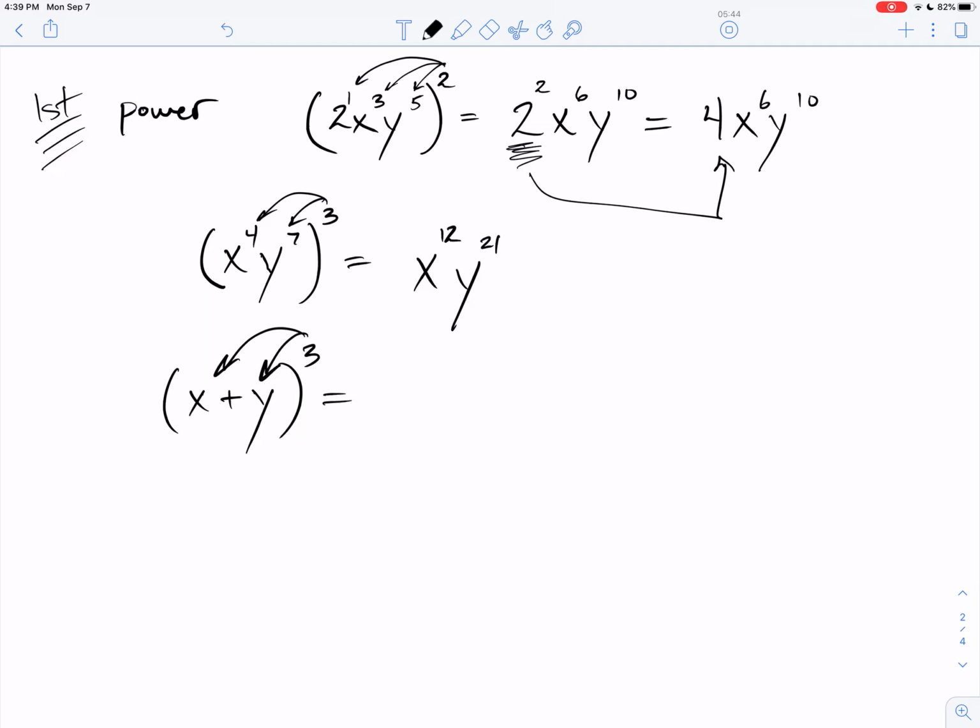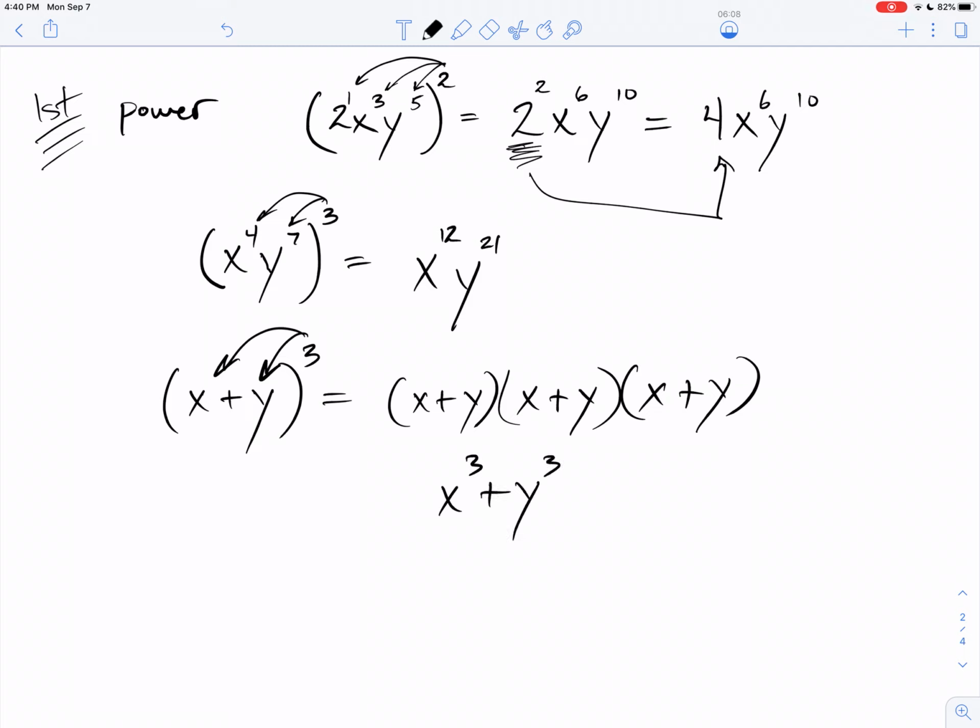This means x plus y times x plus y times x plus y. That's what that means. So if you were going to multiply that thing out, you are going to get a whole bunch of junk. You're not going to just get this.